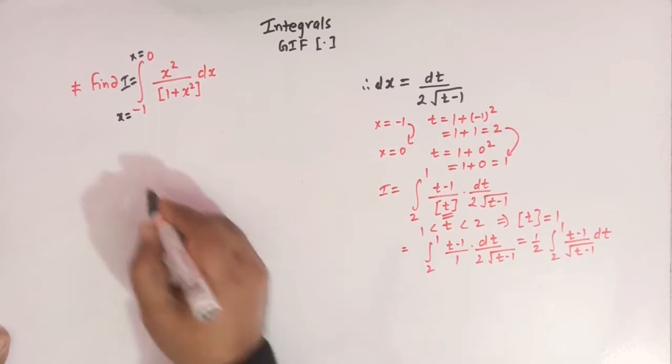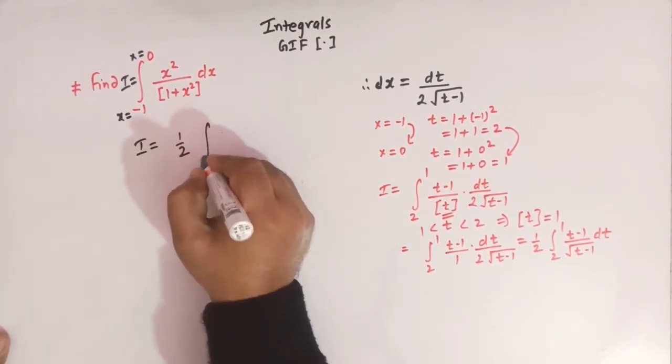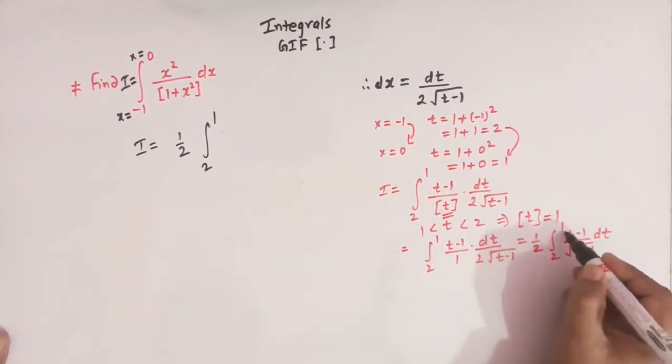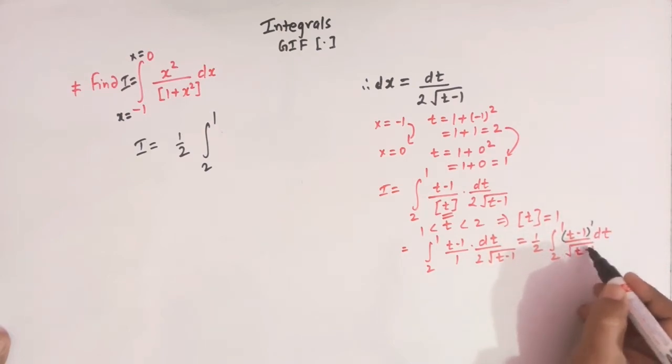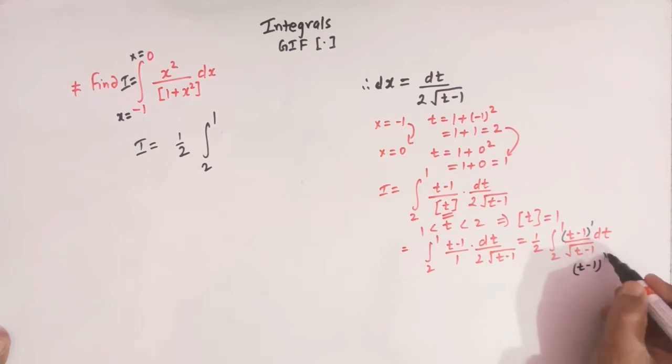Now we can write this integral I as half, 2 to 1, t minus 1 raised to 1, and in the denominator square root of t minus 1, which we can write as t minus 1 raised to half.